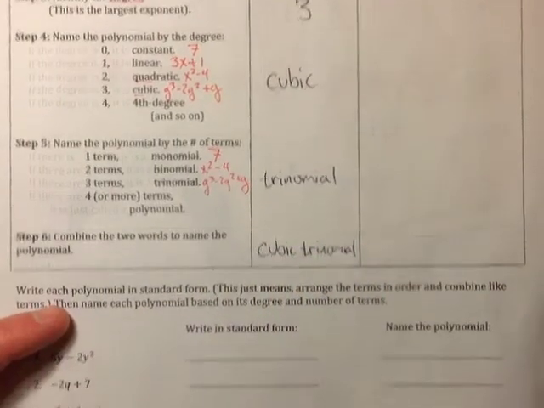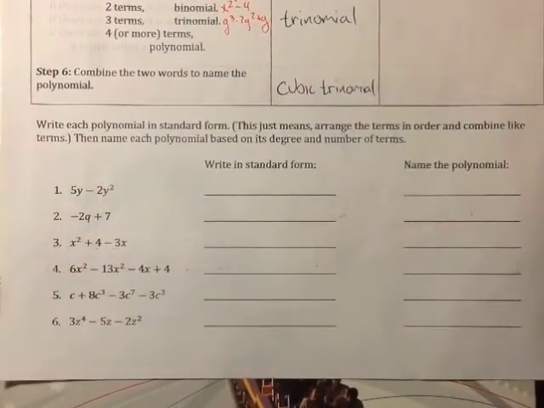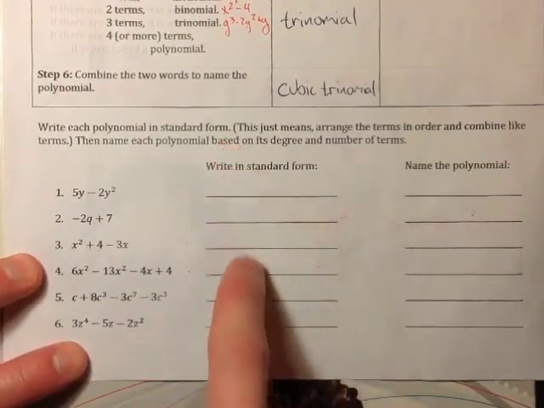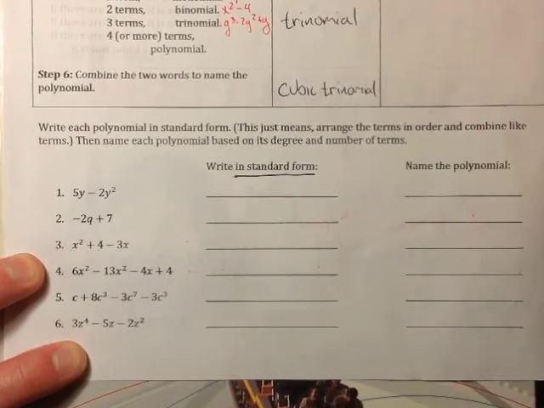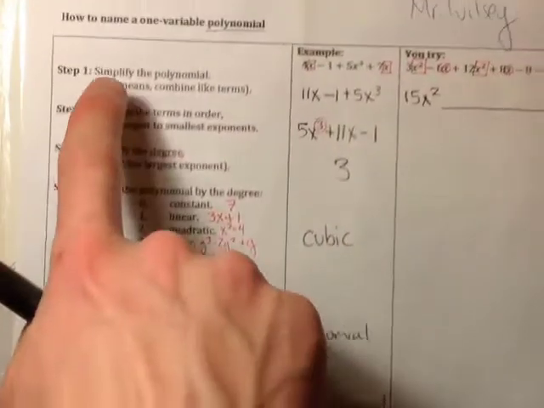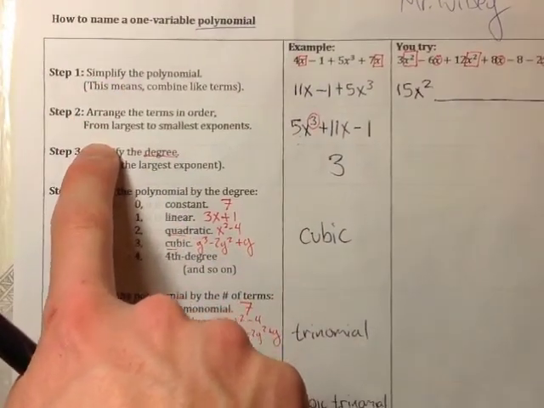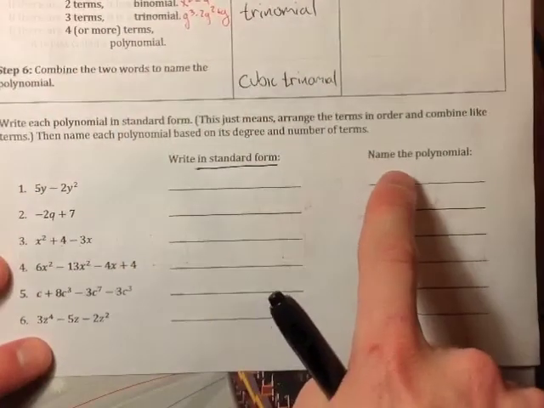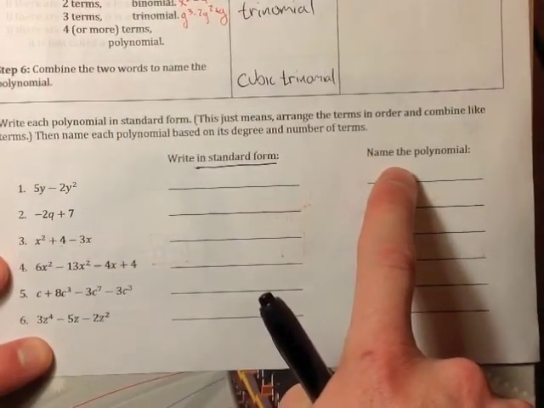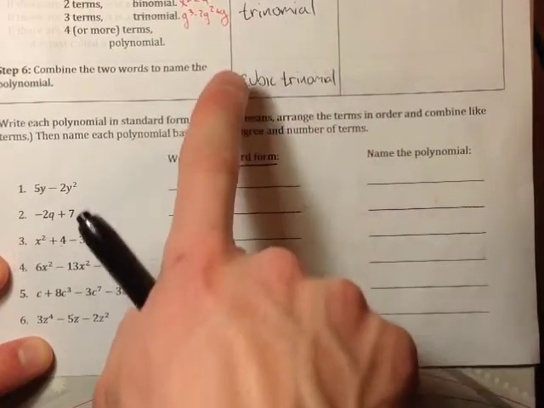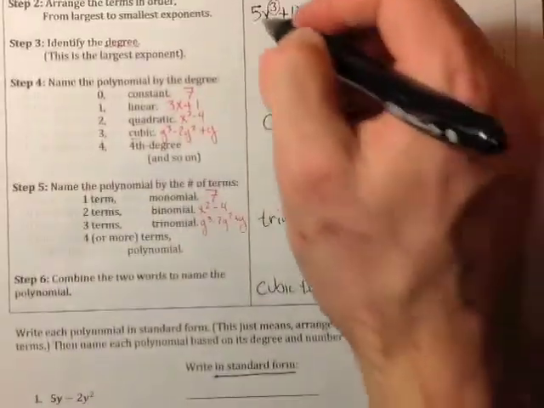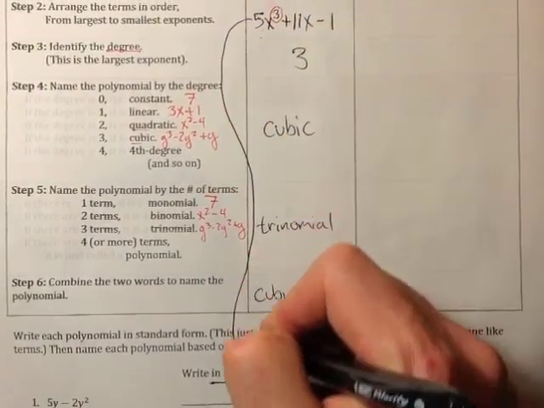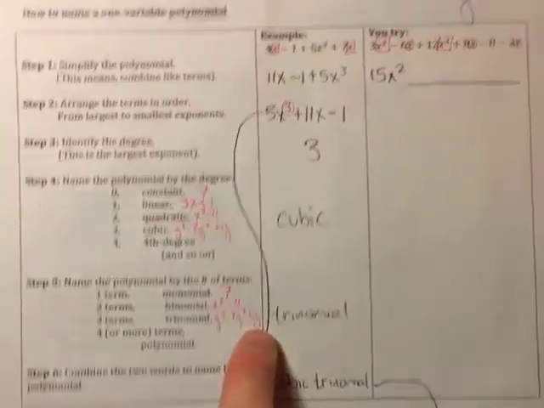Once you get done with that, I have some additional practice for you to do. When I ask you to write in standard form, remember that that just means simplify it and then arrange the terms in order. And when I ask you to name the polynomial, I'm asking for its first name, last name. Bada bing, and then bada bing. There you go. Get to it.